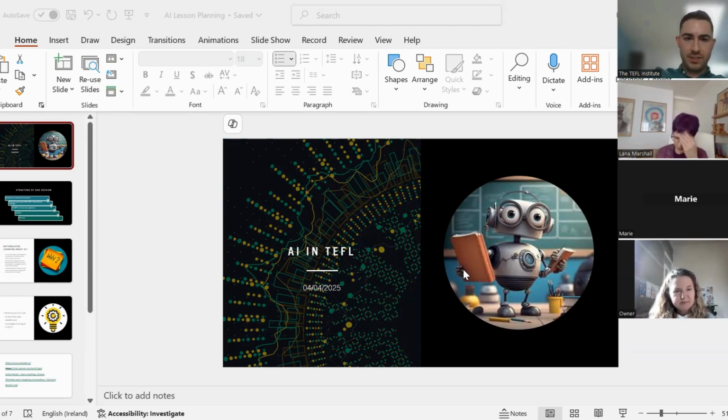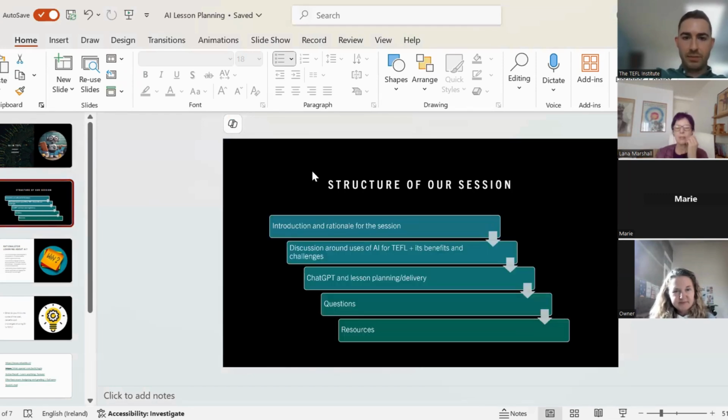Today we're going to be looking at AI in TEFL, AI meaning artificial intelligence. So specifically, we're going to look at the following. Well, why? Why this session? Why the need to talk about this topic? Why is it relevant? I'm going to give you a bit of a rationale as to why we as teachers need to start thinking about how we can best integrate AI into our practice and how that will help our students.